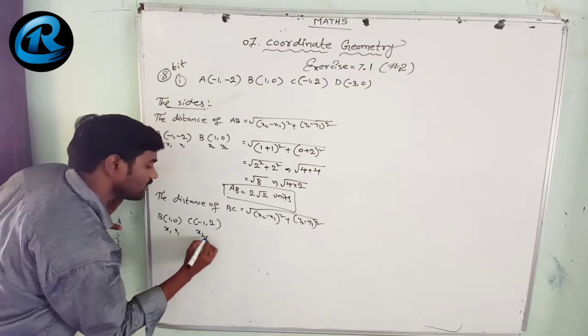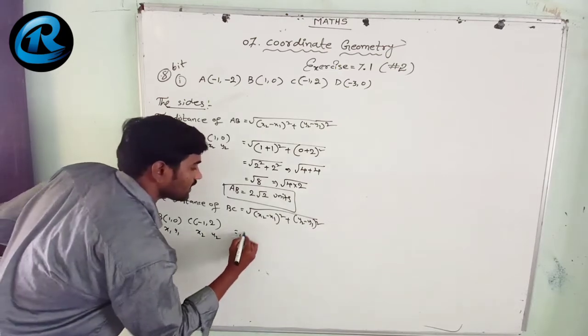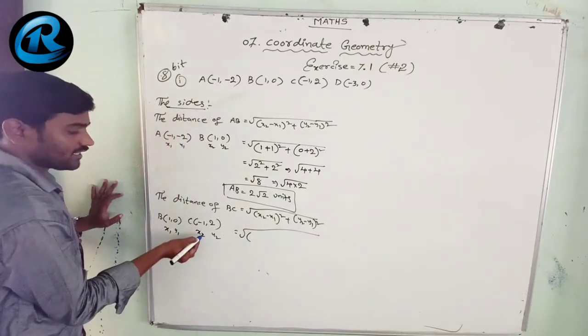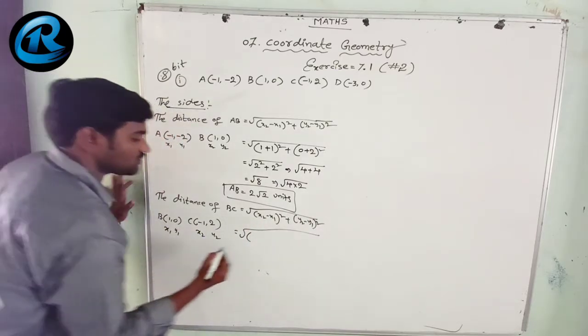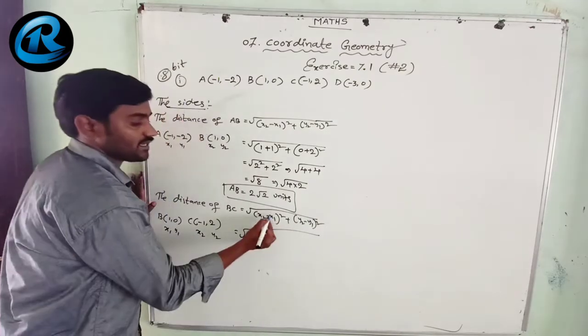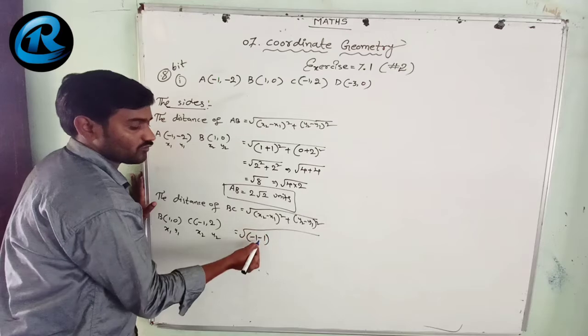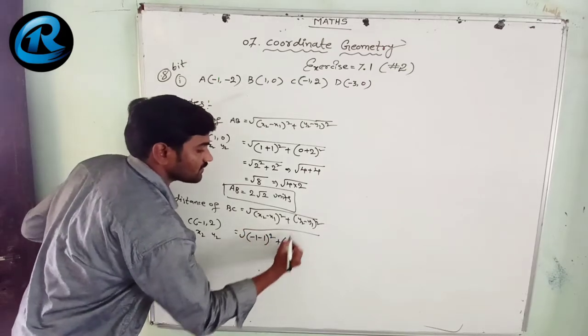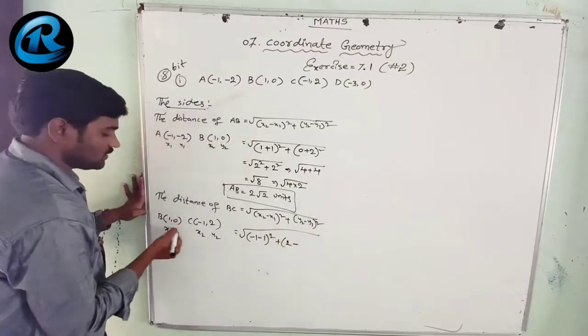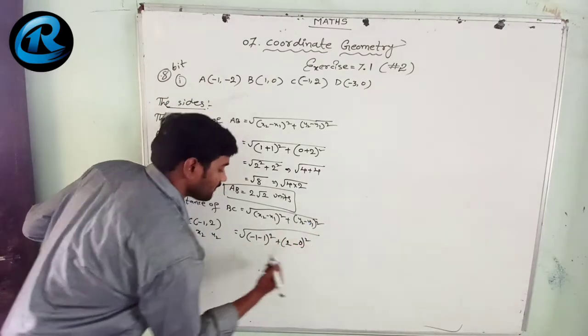Substituting, x2 is minus 1, x1 is 1, minus whole square, plus y2 that is 2 minus y1 value 0 whole square.